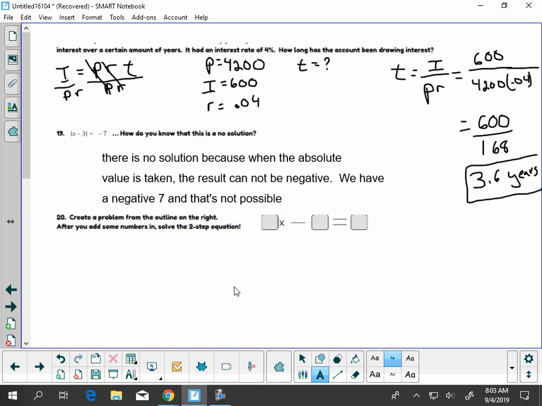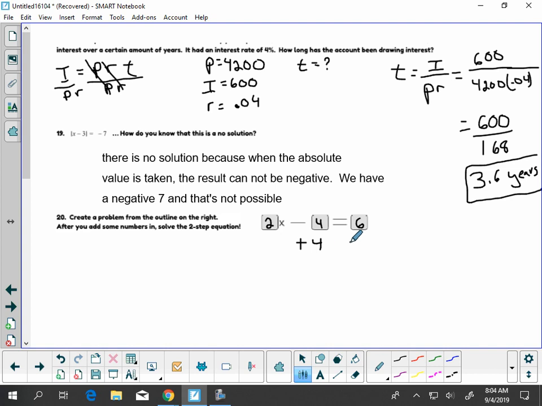All right, so number 20. Create a problem from the outline on the right and then solve it. So you can do anything you want to. You can put any numbers in here that you want. I'm going to put 2, 4, 6. You can put any number in there that you want, but the only thing is you have to solve it.